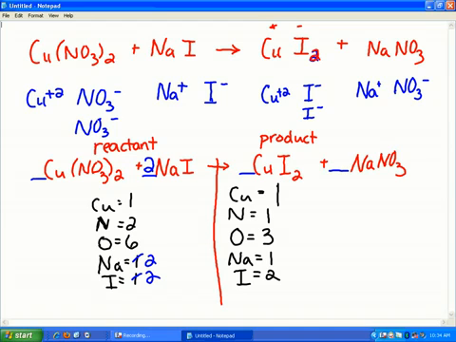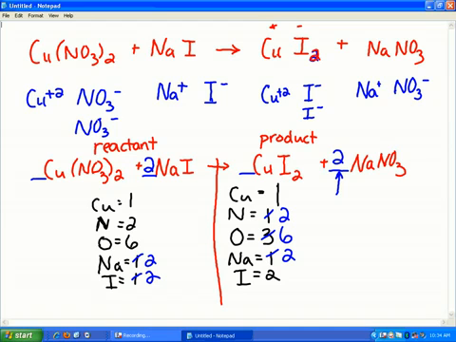Now that's going to help us because on the product side, if I put a 2 coefficient in front of sodium nitrate, then I'm also going to affect how much nitrogen and oxygen I have, which is what's also screwed up on my list here. So now I have 2 nitrogen and I have 6 oxygen because of this coefficient too. So that now makes my list match up and the equation is balanced.